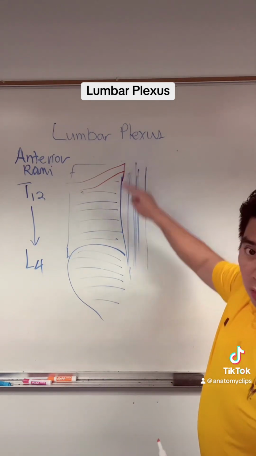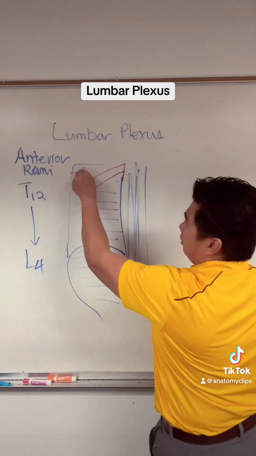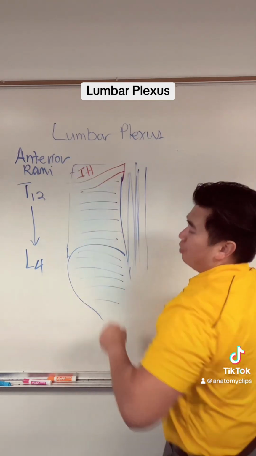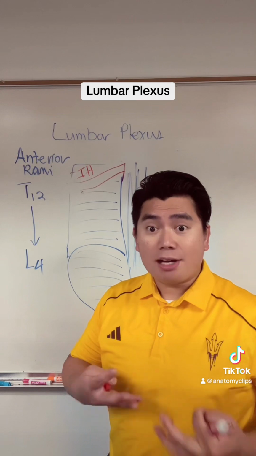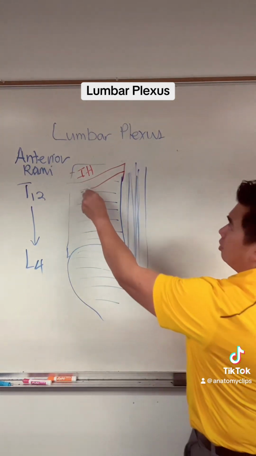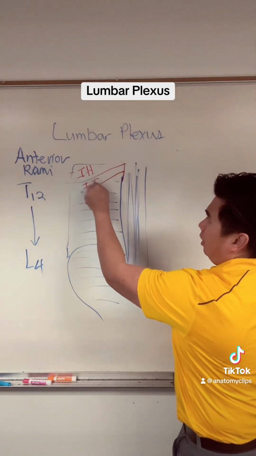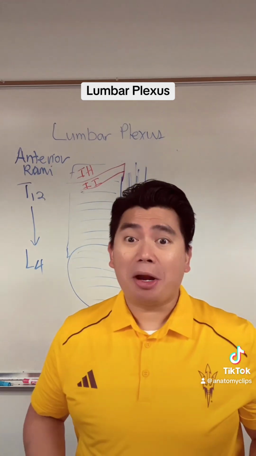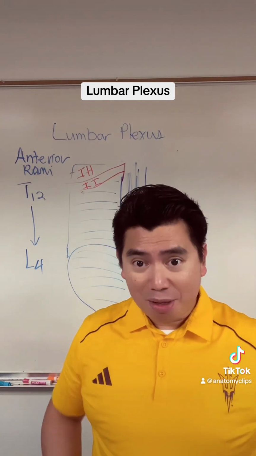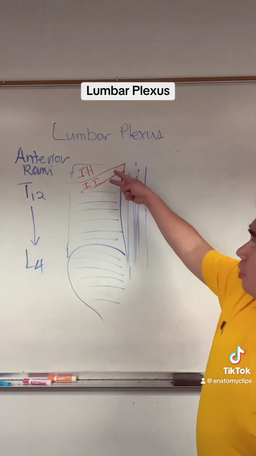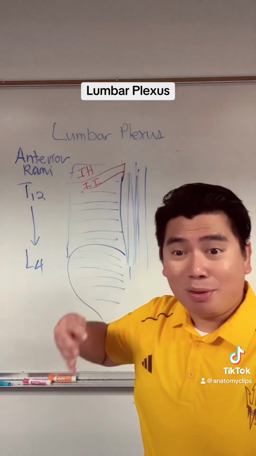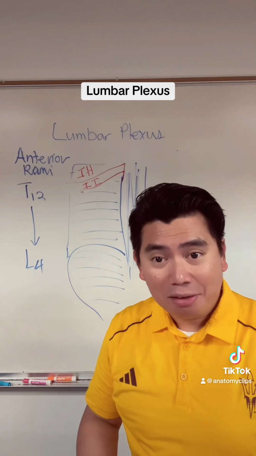So the most superior will be the iliohypogastric. Gastric is much higher. Think of your stomach, gastro, right? And then the one right below that will be the ilioinguinal, inguinal referring to the inguinal region. Remember, kind of by the pelvis that forms that V. So out of the 2, it makes sense that hypogastric is much higher than the inguinal.